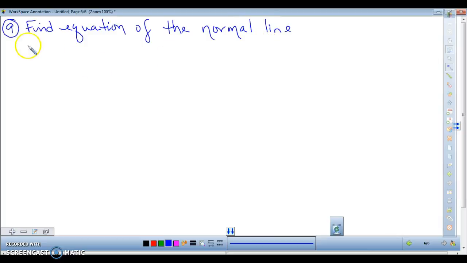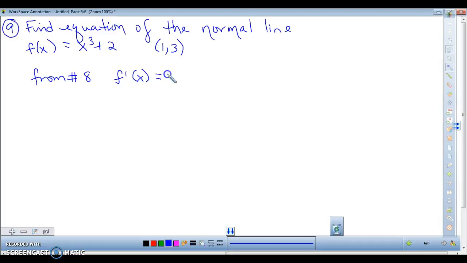Okay. If your function is again x cubed plus 2, and your ordered pair is going to be 1, 3. From the last problem, from number 8, we found that our derivative is 3x squared, right?